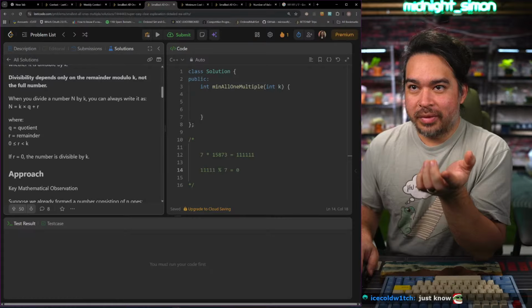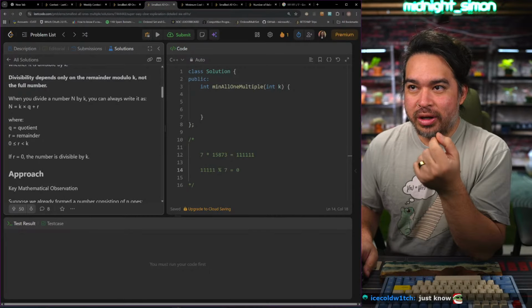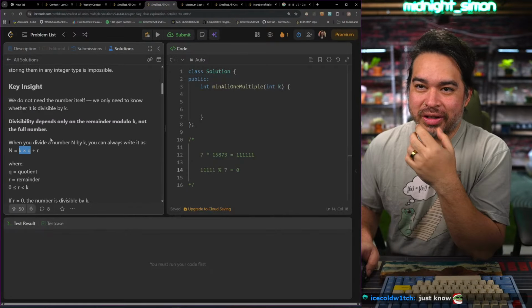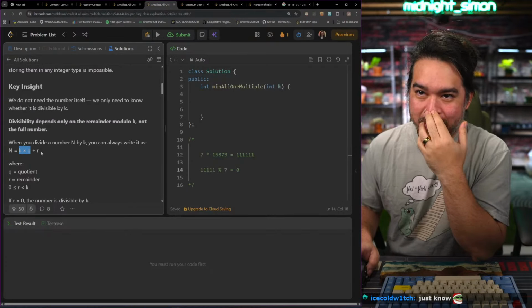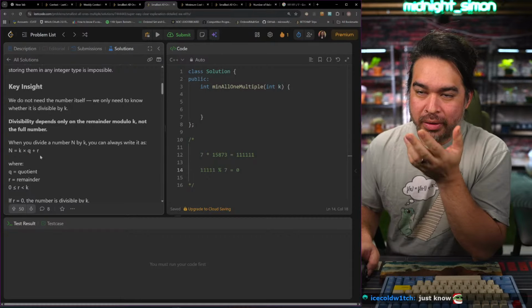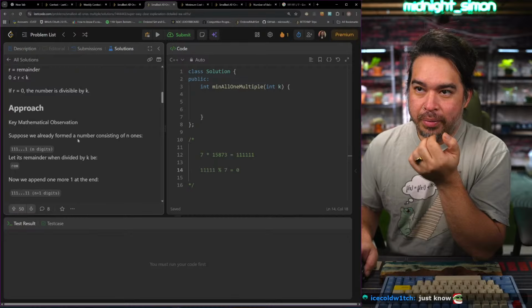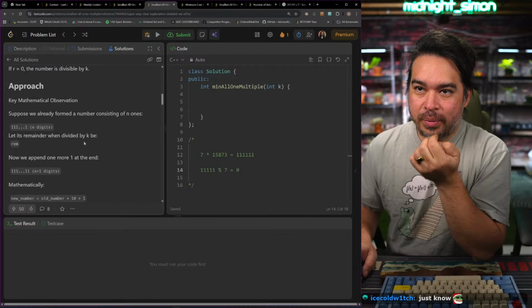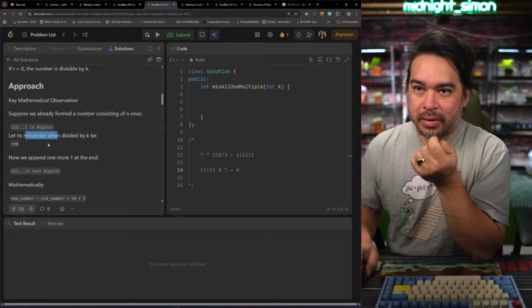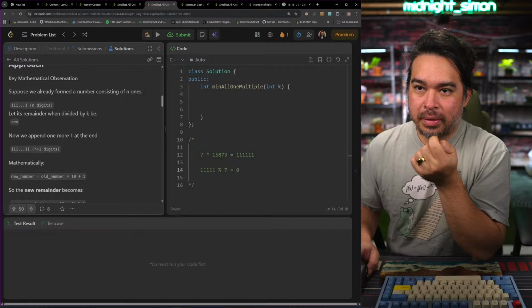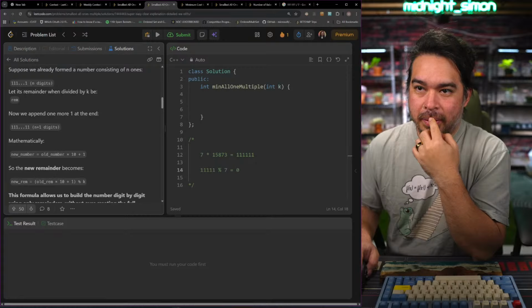When you divide a number n by k, you can always write it as n equals k times q plus r. Quotient, remainder. Alright, okay. Suppose we already formed a number consisting of n ones. Yes.